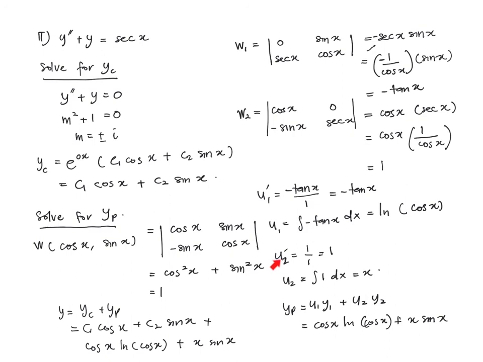Okay, next, u2 prime, the formula is W2 over W. Okay, next, find u2 by integrating u2 prime. So, we get x. Yp, u1 y1 plus u2 y2.